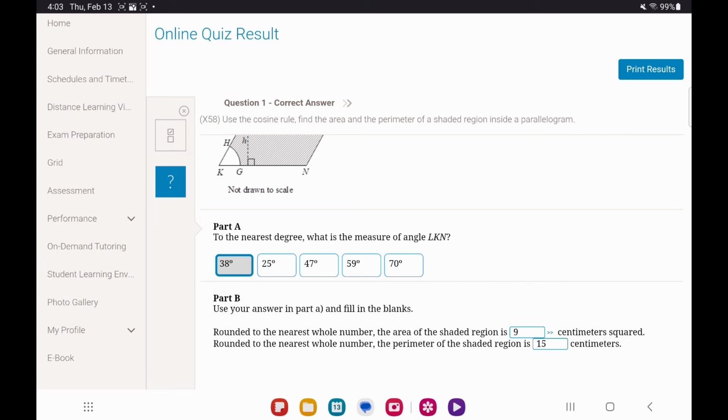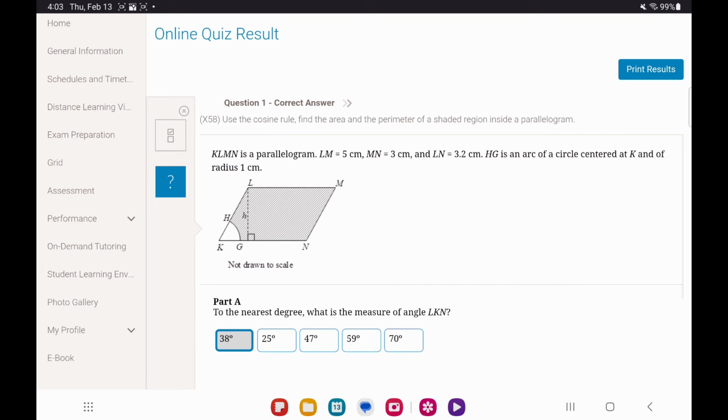Okay, perimeter is all the values of every single side, okay? So here the known ones are LM, which is 5, so 5 plus, okay, plus we have MN, which is 3, and we have GN.